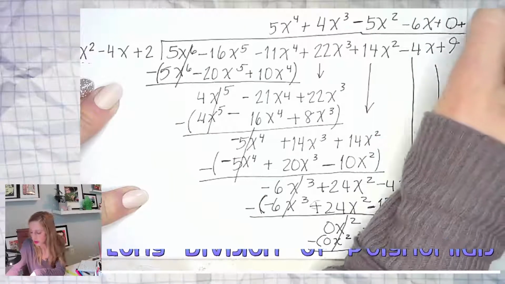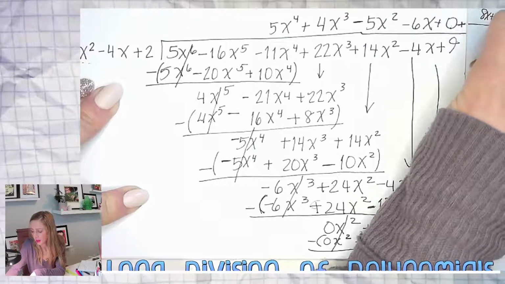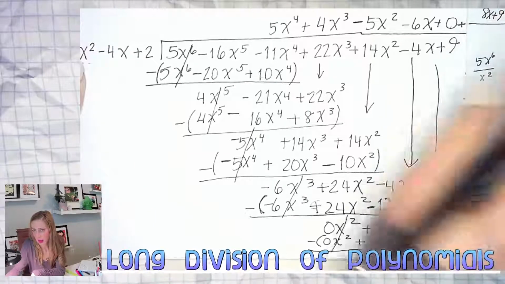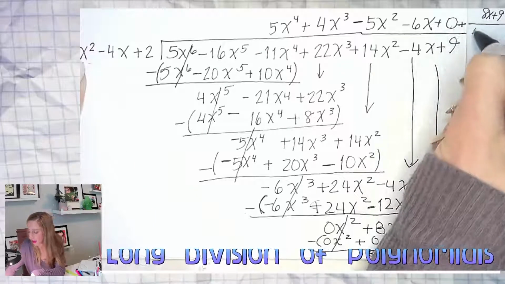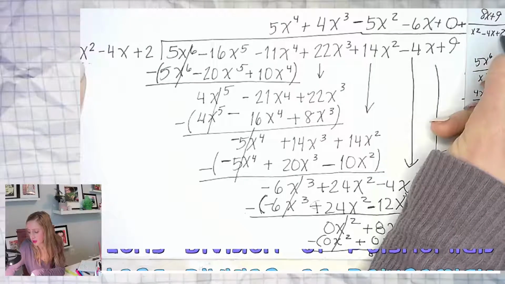Obviously, I don't need to write the 0, but I have it up there. I have 8x plus 9 over whatever it was I was dividing by. So x to the second minus 4x plus 2.